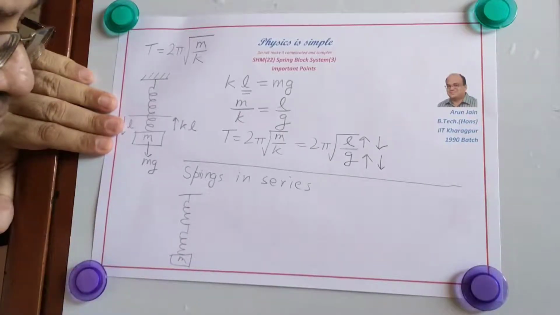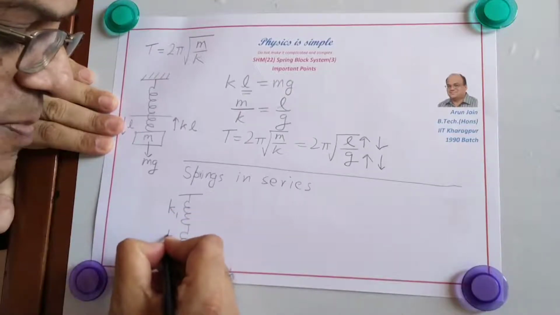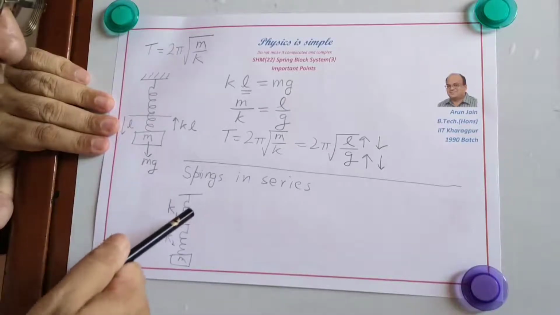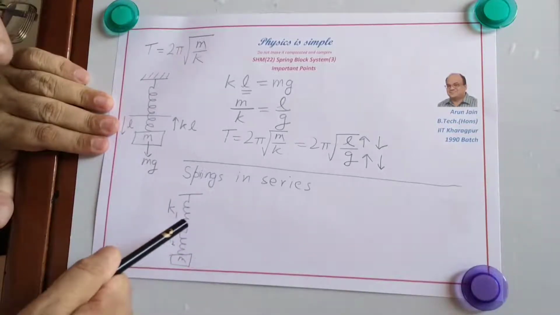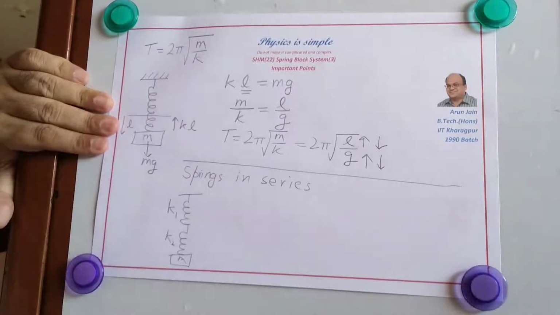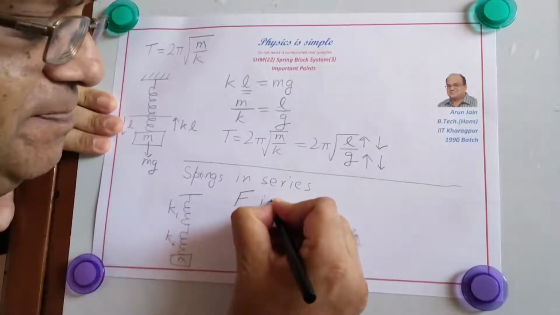So therefore, the force acting on them will be same. Like for a massless string, tension is same at all points. For massless springs, the force acting on this spring and this spring will be same. So therefore, in this case, F is same.